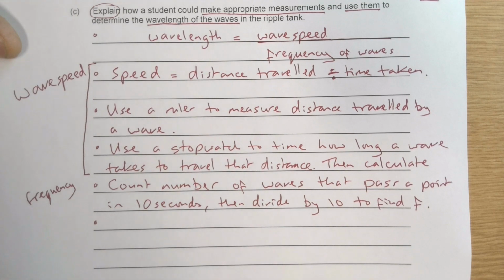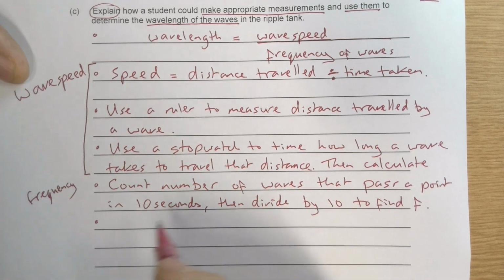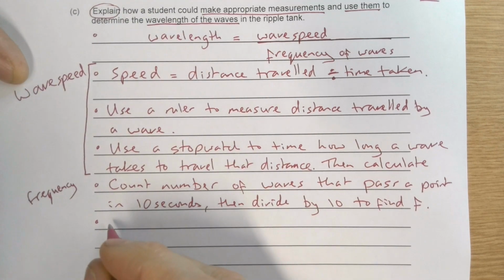A better way of doing it would be to time how long it takes 10 waves, and then to find the time period. Okay, other things we could do, and so that's fine though. I'll write a different way of finding frequency at the moment.